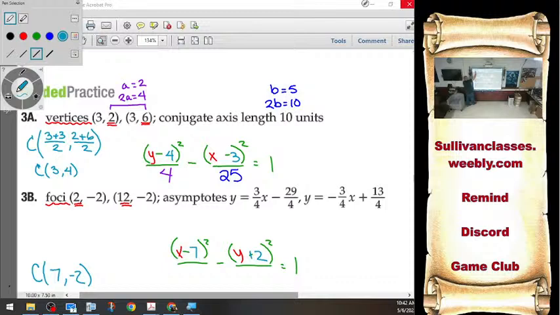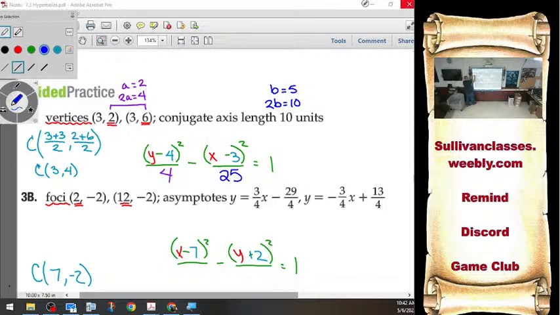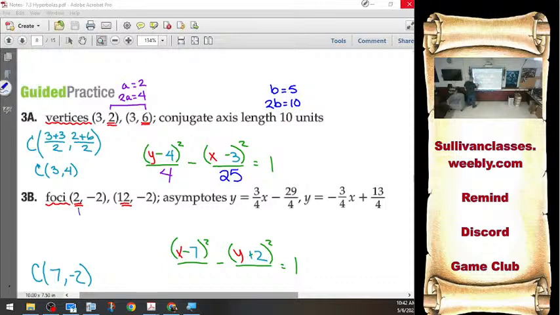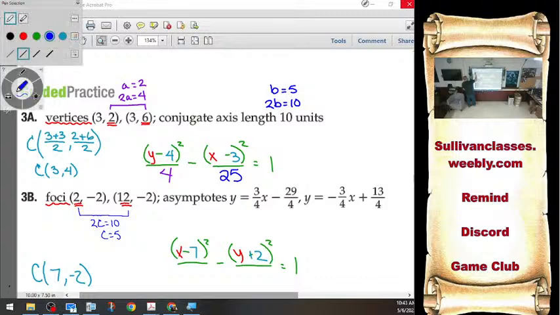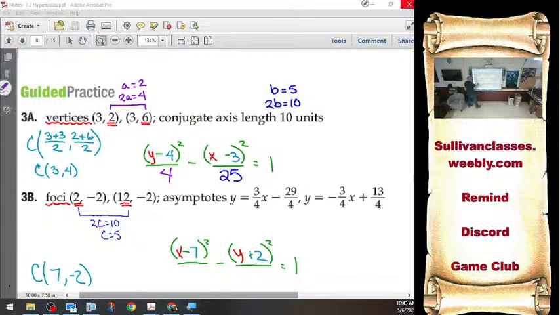Normally, foci gets me what? So from here to here, 2c is 10, c is 5. Well, that doesn't do me a diddly bit of nothing if I don't have a or b. But they did give me asymptotes. So I come over here and I say my asymptotes are plus or minus 3/4. So I'll just say 3/4.